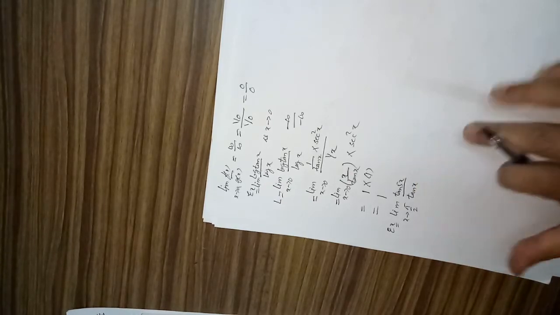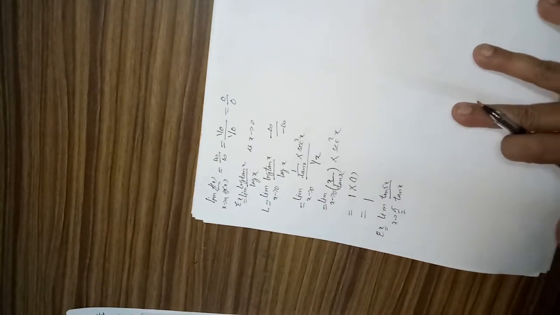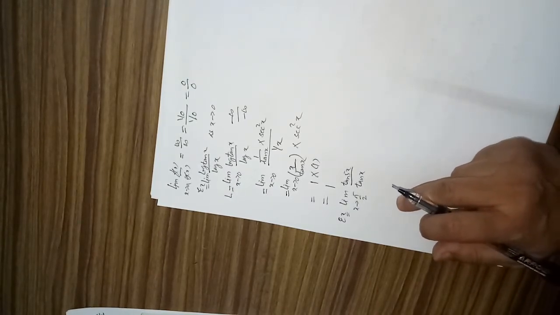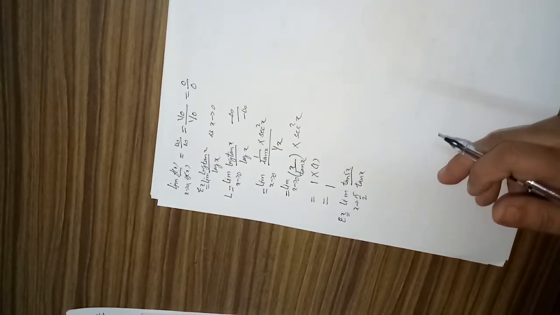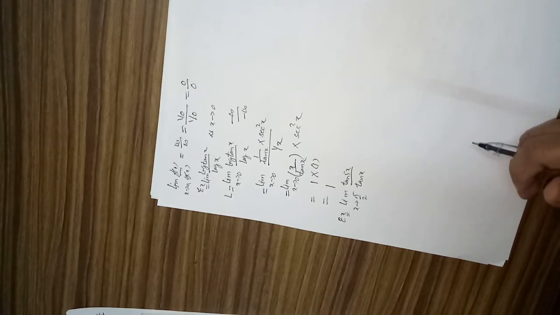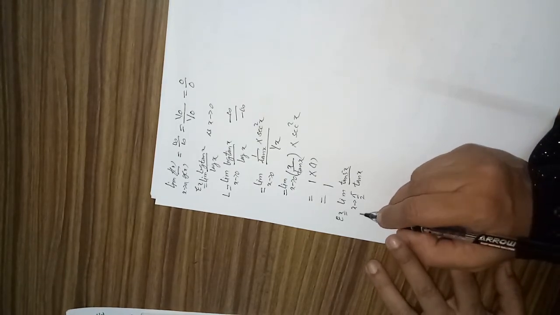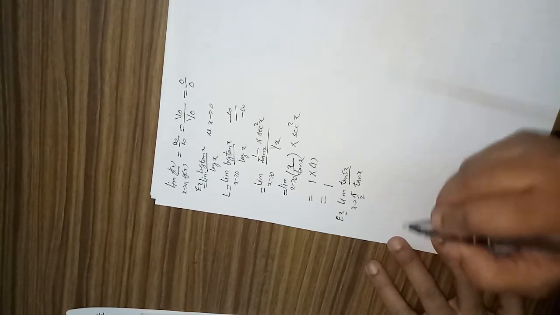So far we considered x tending to 0, but x can tend to any real number, maybe pi by 2 or 1, 2, 3, 4, positive, negative, any number. Particularly here we have taken a problem where x is tending to pi by 2.